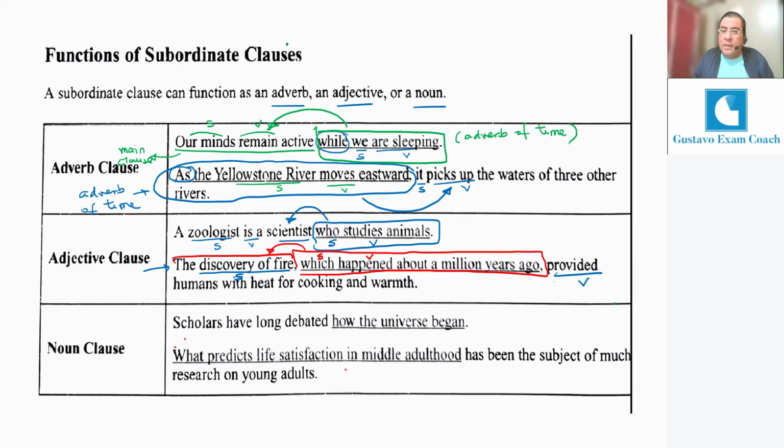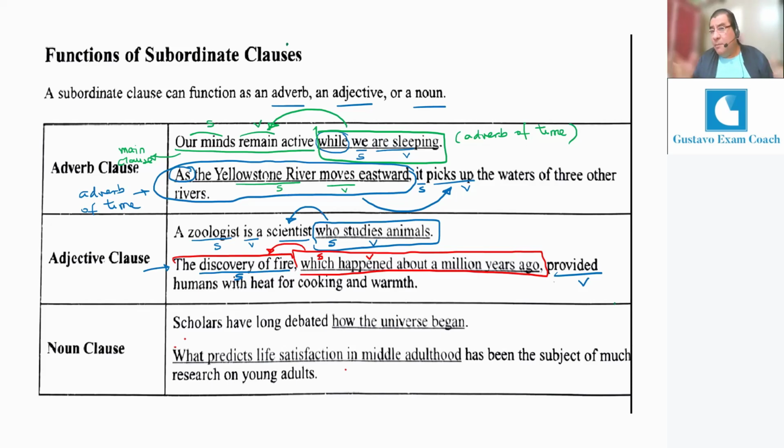Okay, so this is very interesting how adjective clauses work in a sentence. Normally, adjective clauses will be attached, following immediately the noun that they modify. For example, in the first sentence, a zoologist is blah, blah, blah, who studies animals is attached to scientist. It modifies scientist. What is scientist in that sentence?